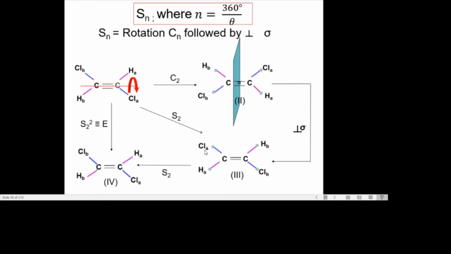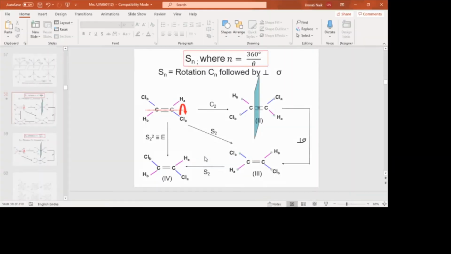So friends, it is also important to note down that when we consider the operation of an improper axis of rotation, the value of n will decide how many times I have to perform the operation so that I will get the original structure.